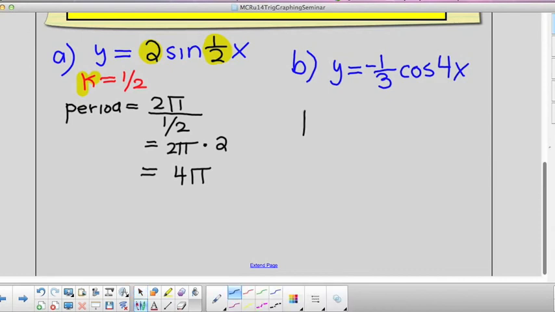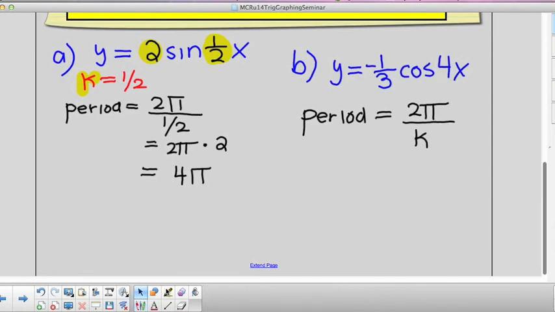My formula is period is equal to 2 pi divided by k. I just want to highlight my k term. Never confuse your A term and your K term. My K term is the 4. So period is equal to 2 pi over 4.